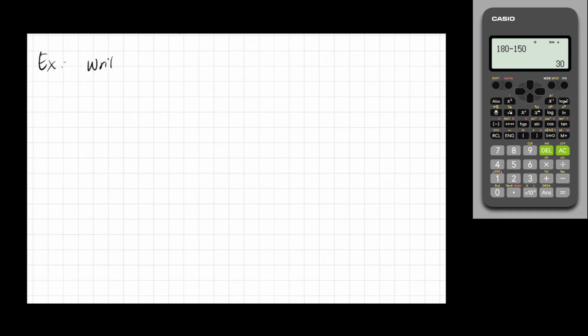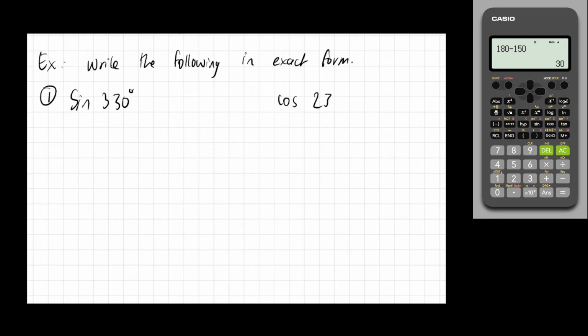Right, following, in exact form. And we'll just do 2 of these. We'll do sine of 330 degrees, and we'll do cos of 230. Okay, so sine of 330 and cos of 230.